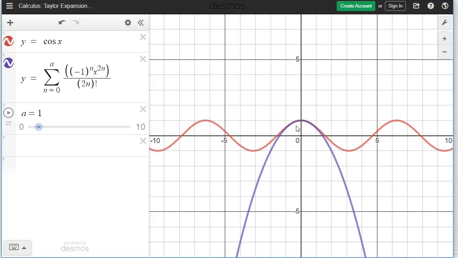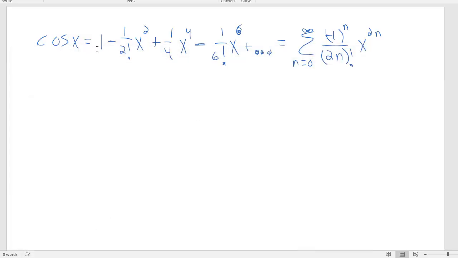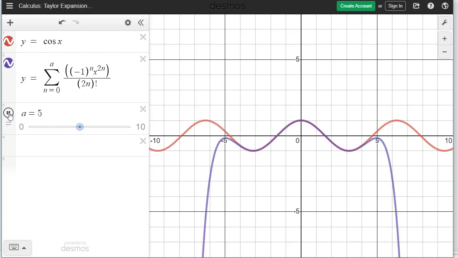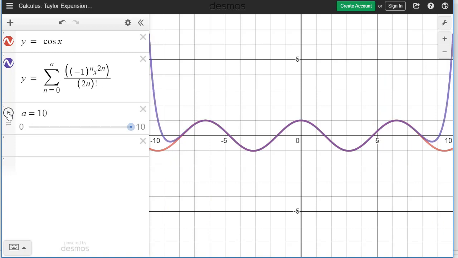And when I add the first 3 terms, here is 1 minus x squared plus x to the 4th, a 4th degree polynomial. Now we're going to notice as we add more and more terms, the cosine function has a series that will converge for all reals. So this convergence spreads further and further for all reals.